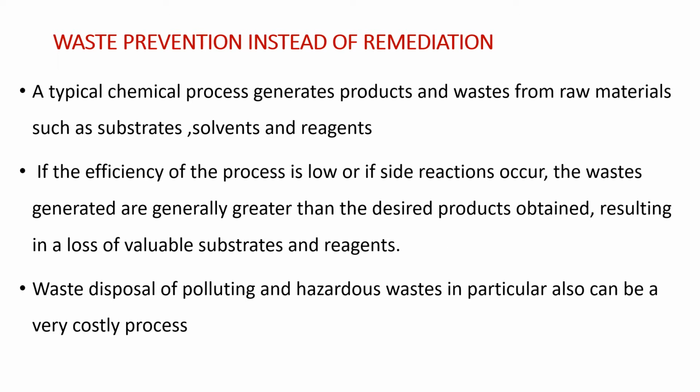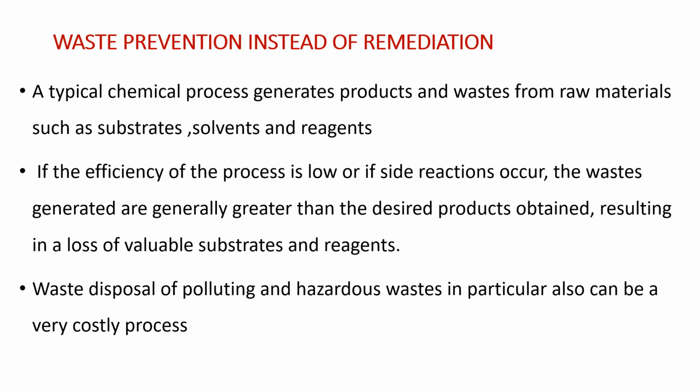A typical chemical process generates products and wastes from raw materials such as substrates, solvents, and reagents. If the efficiency of the process is low or if side reactions occur, the waste generated is generally greater than the desired products obtained, resulting in a loss of valuable substrates and reagents.